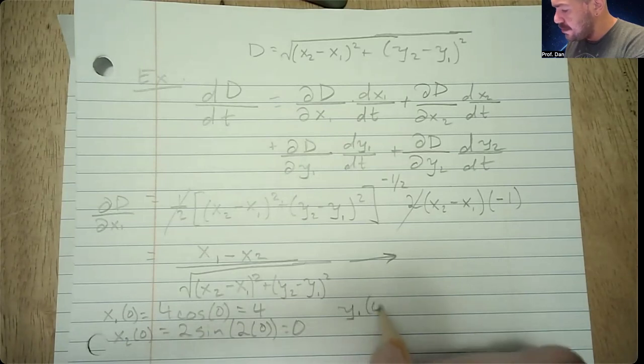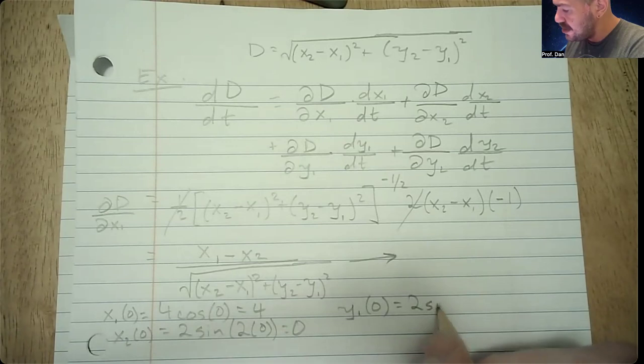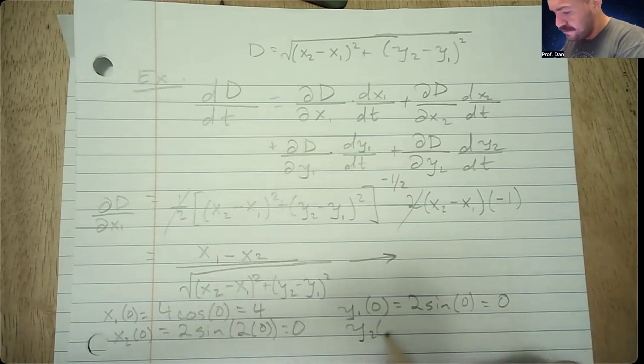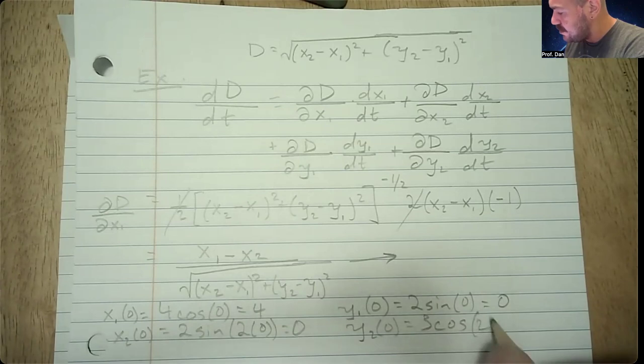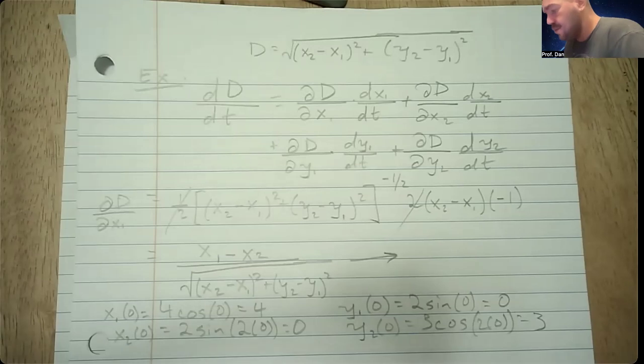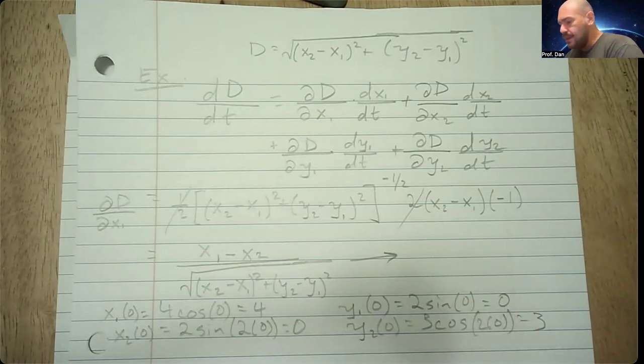For y1, that's going to be 2 sine of 0, which is 0. And for y2, that's 3 times cosine of 2 times 0. Cosine of 0 is 1. Multiply by 3, we get 3. So the only coordinates in this scenario that are non-zero are just x1 and y2.